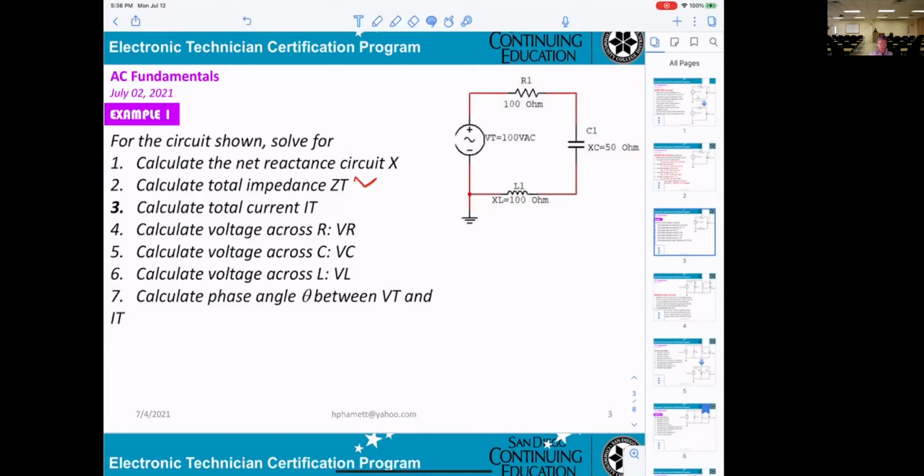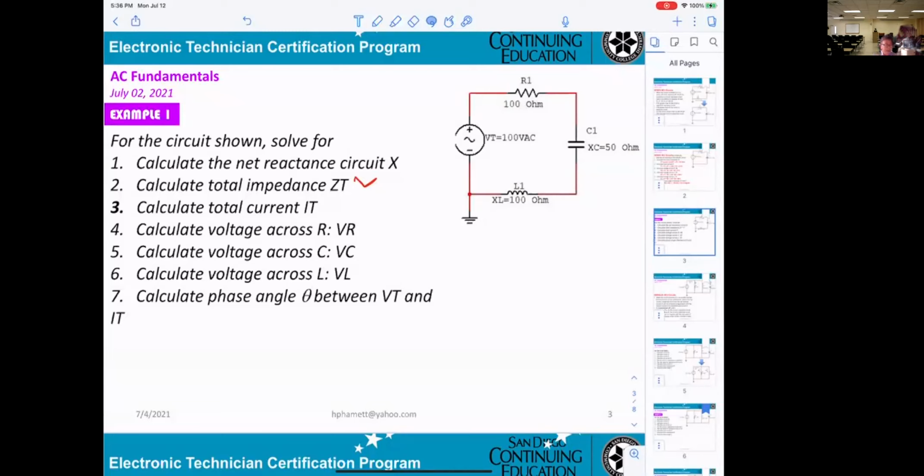Wait a minute. Okay, so we get a new circuitry with inductor and resistor only.